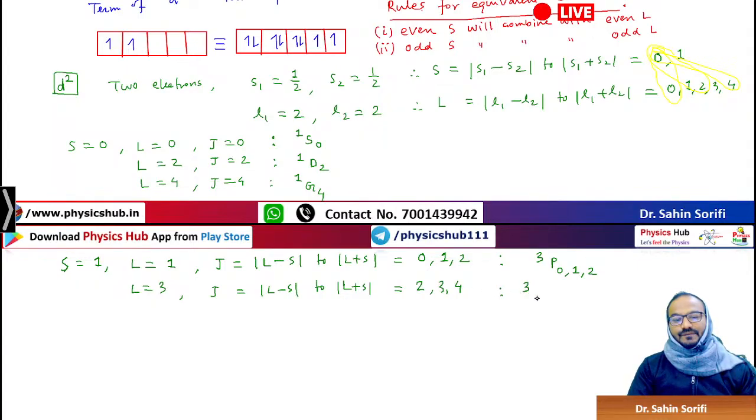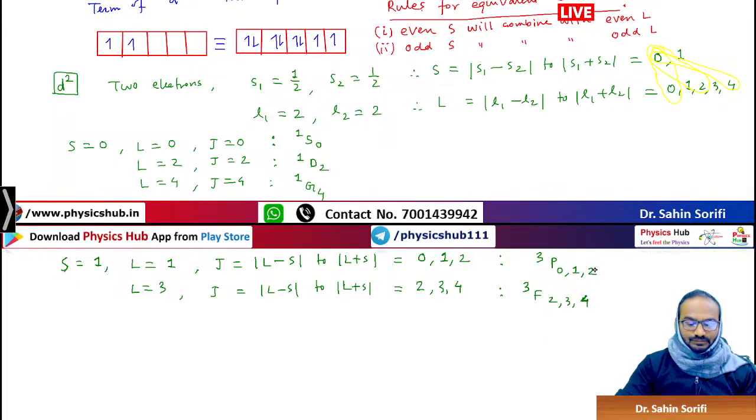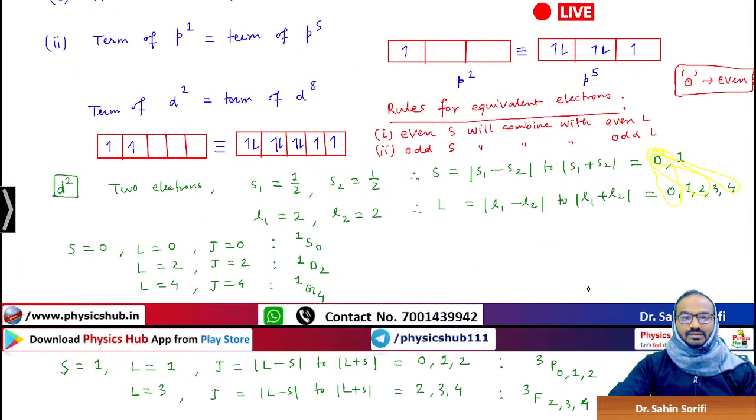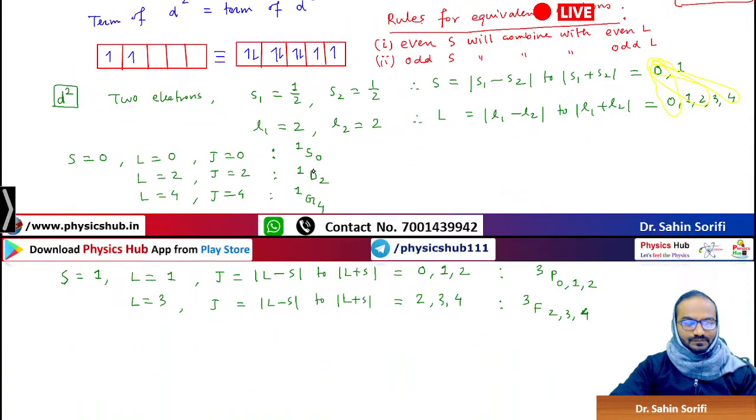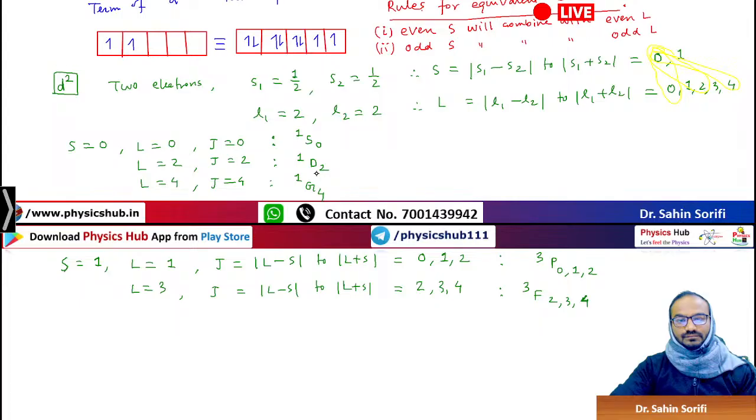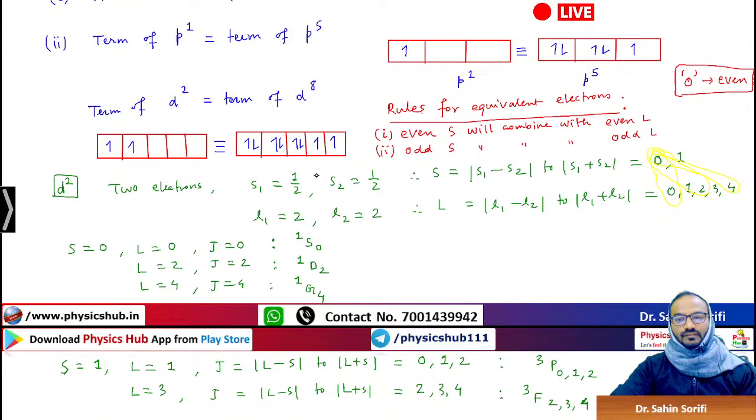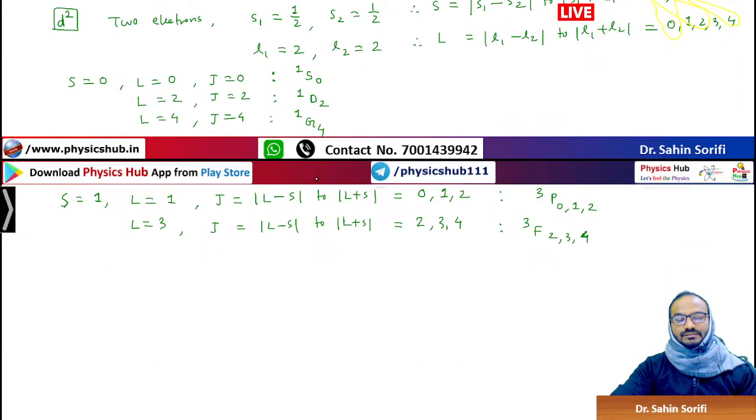Again 3, and L equal to 3 means F, so 3F with J equal to 2, 3, 4. So this will also be a term of d2. Clear?